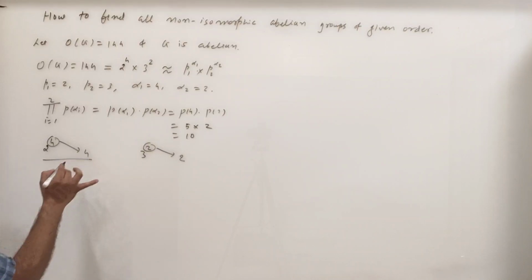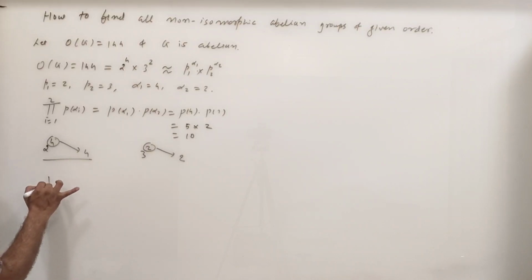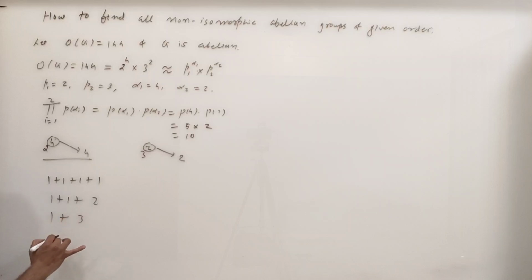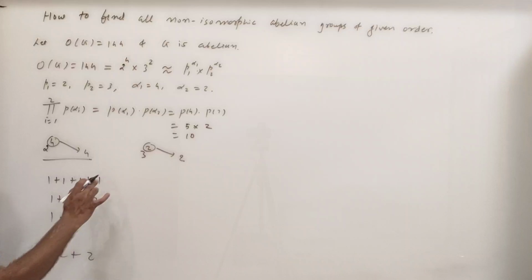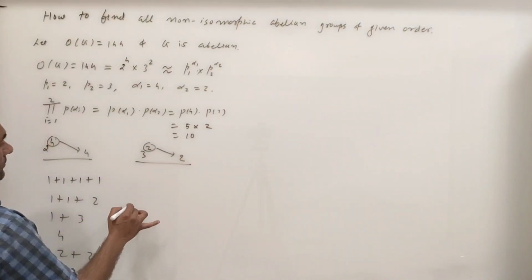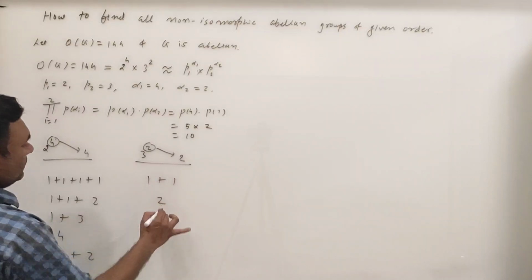Now you look at the partitions of 4. So partitions of 4 are 1 plus 1 plus 1 plus 1, 1 plus 1 plus 2, 1 plus 3, 4 and 2 plus 2. So 1, 2, 3, 4 and 5 partitions. Now partitions of 2. So it is 1 plus 1 and 2.